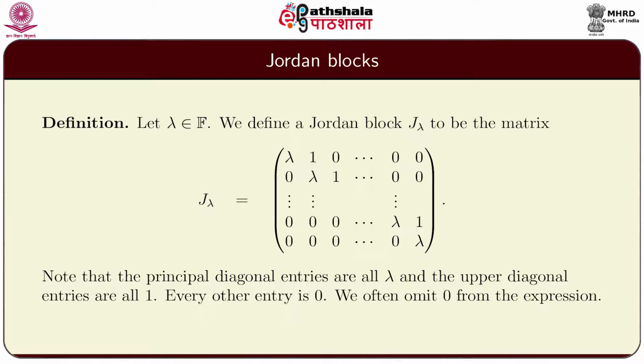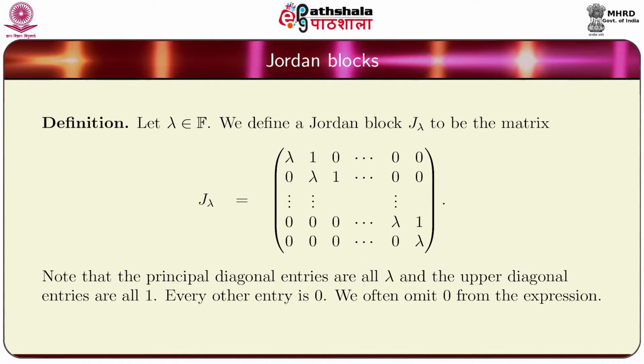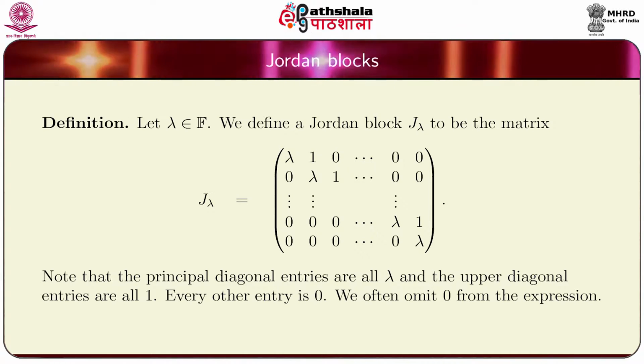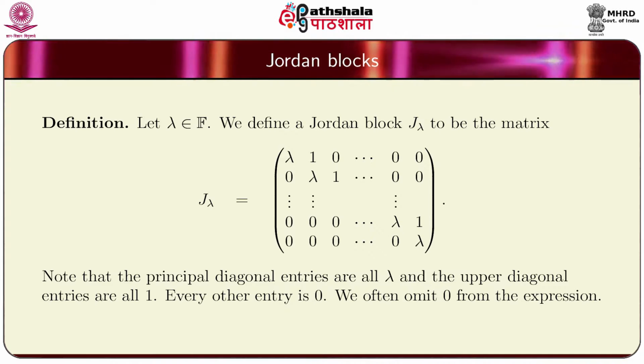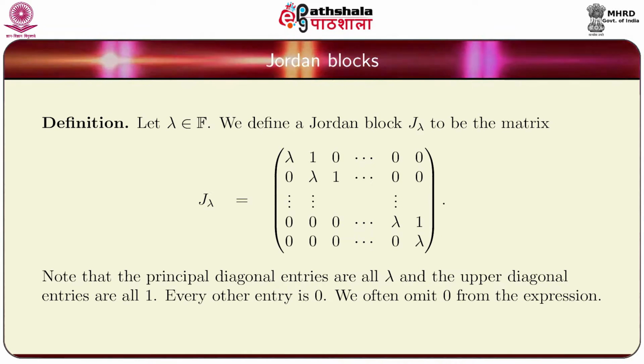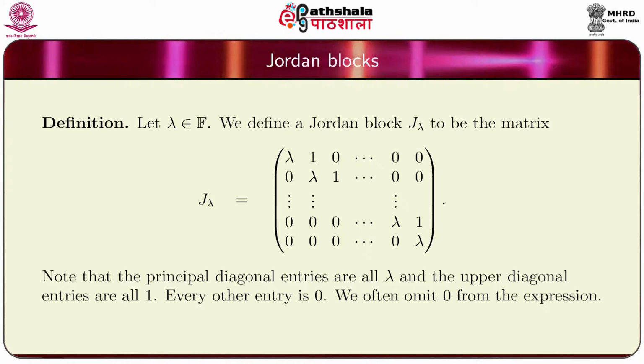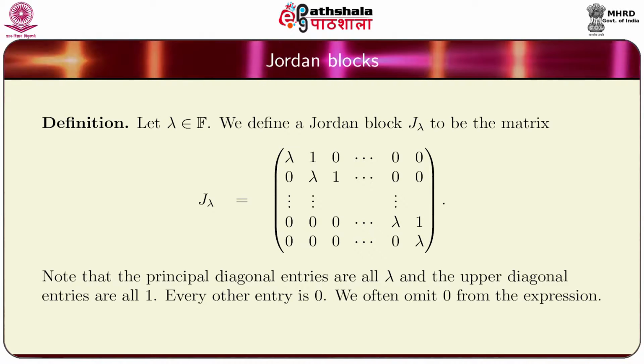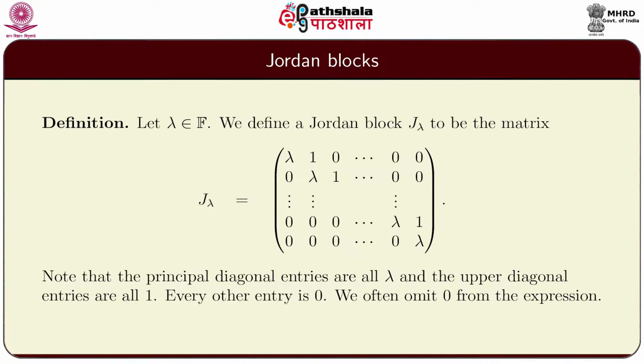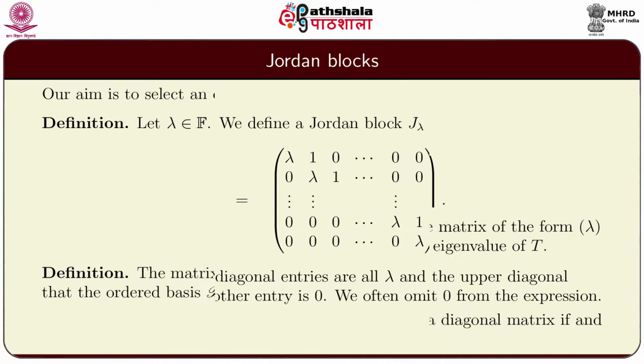So that means this lambda is sitting on the principal diagonal and then the upper off-diagonal has 1s and every other entry is 0. This is what is called a Jordan block, and we often omit 0 from this expression because it is understood that except for those two positions, the principal diagonal and the upper off-diagonal, every other entry would be 0.